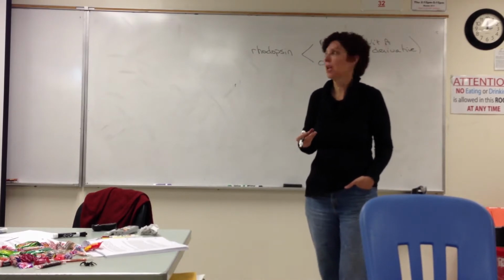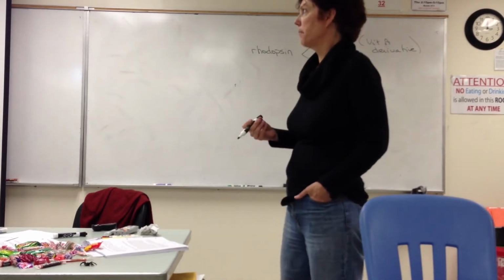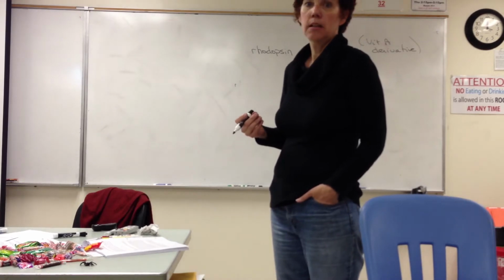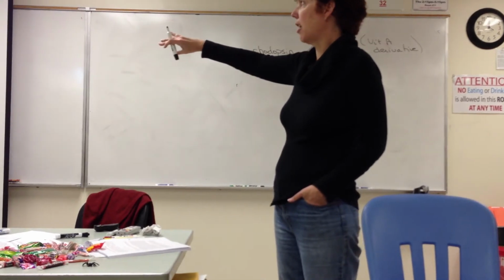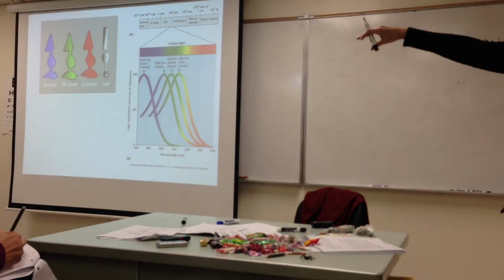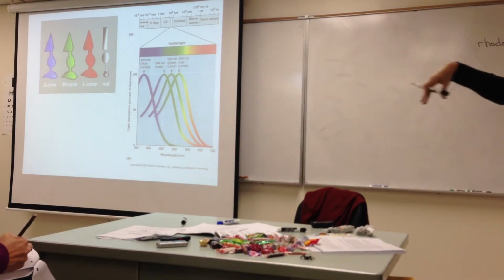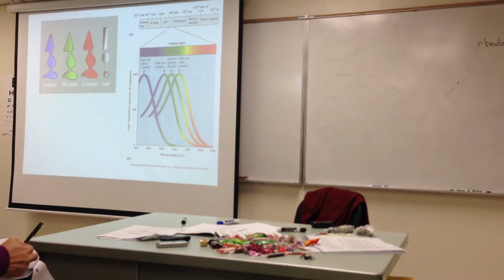Now we also have opsin in our color molecules, in the cones, and they're responsive to different wavelengths of light. The color opsins are blue, green, and red. Those are the primary light colors. They are not the same as the primary colors when you mix, which are red, yellow, and blue.